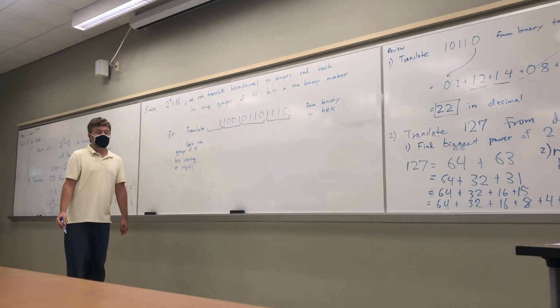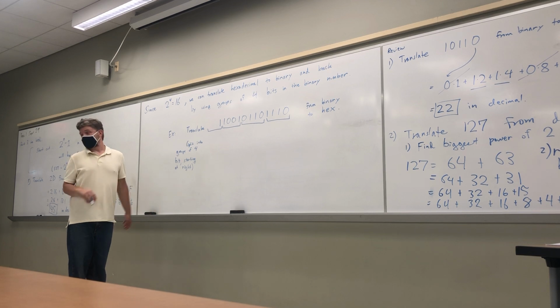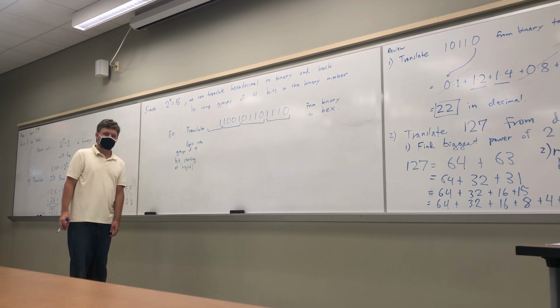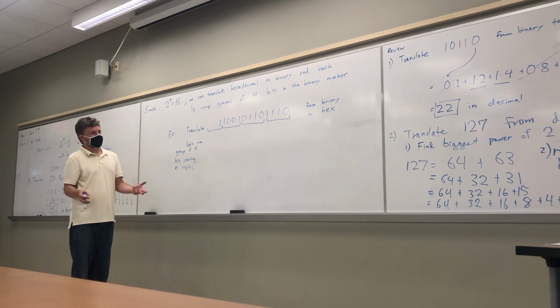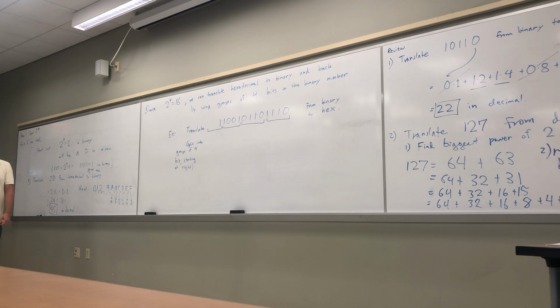Okay, so each 4 of them, I just turn it into a number that I recognize. If you're really good with hex, you can turn it directly into a hex number. But I like to turn it into a decimal number and then look at my hex numbers from 0 to 15.